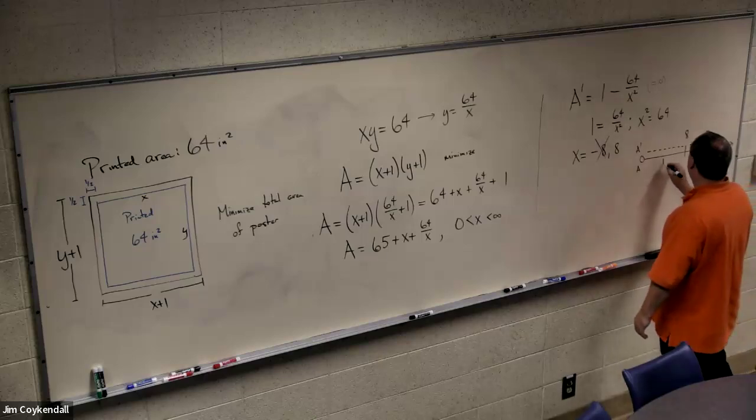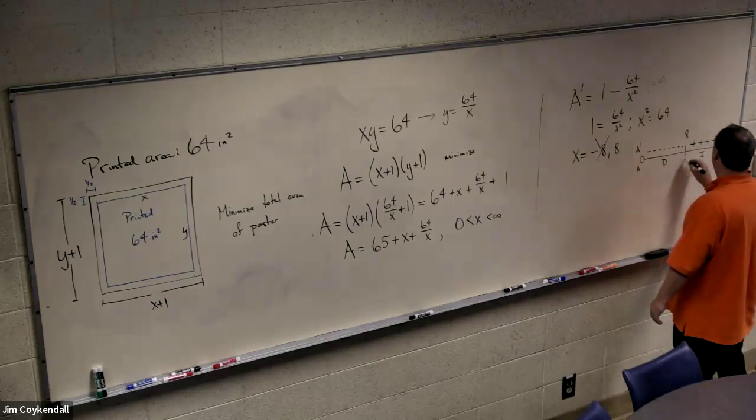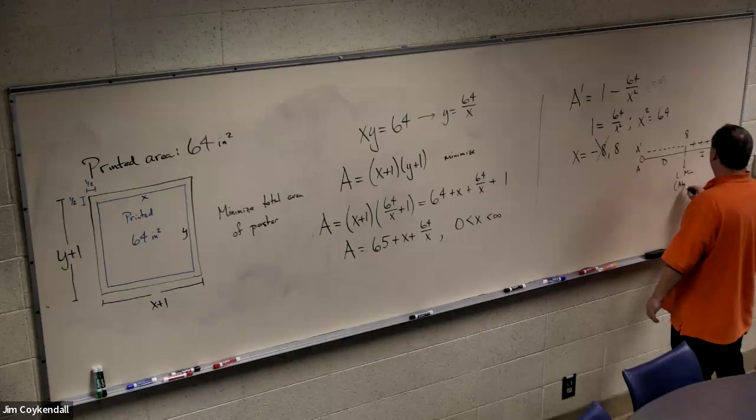So A decreases, then increases. So this is a local min. So it's actually an absolute min.